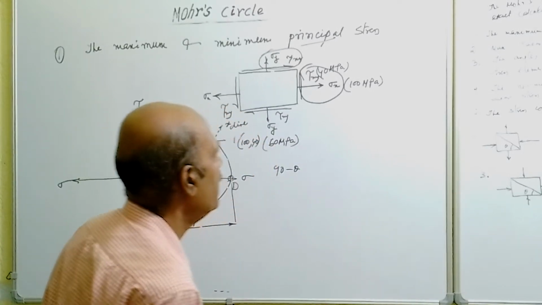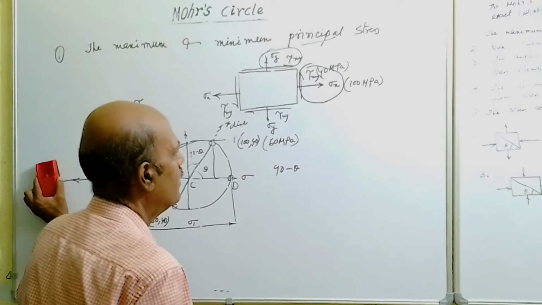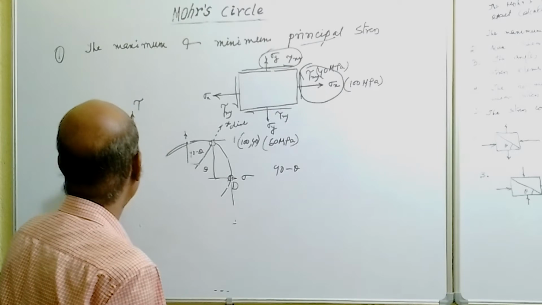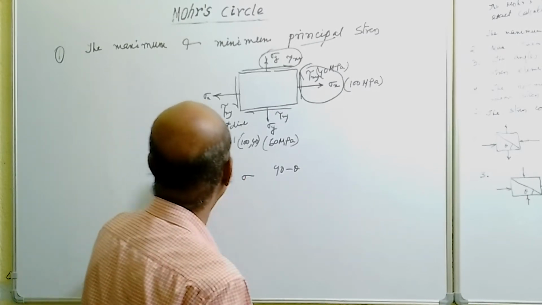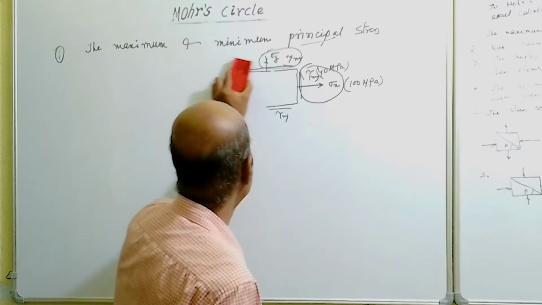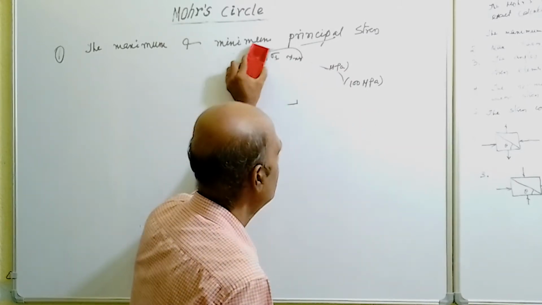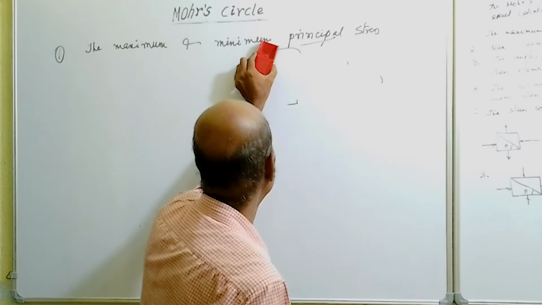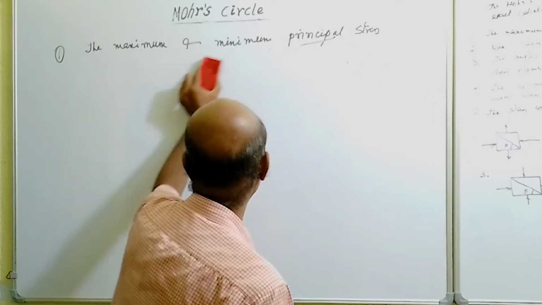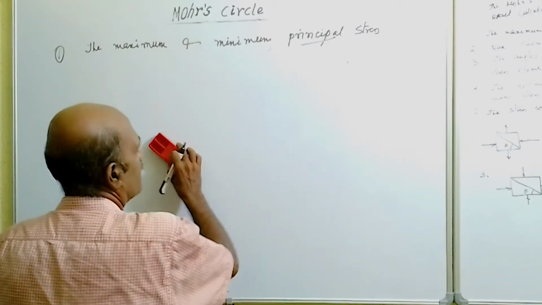Now we will see the next point, that is the angle of orientation. We have seen the maximum and minimum principal stress. Next we have seen the maximum shear stress. We will also see from the next diagram what the maximum shear stress is.